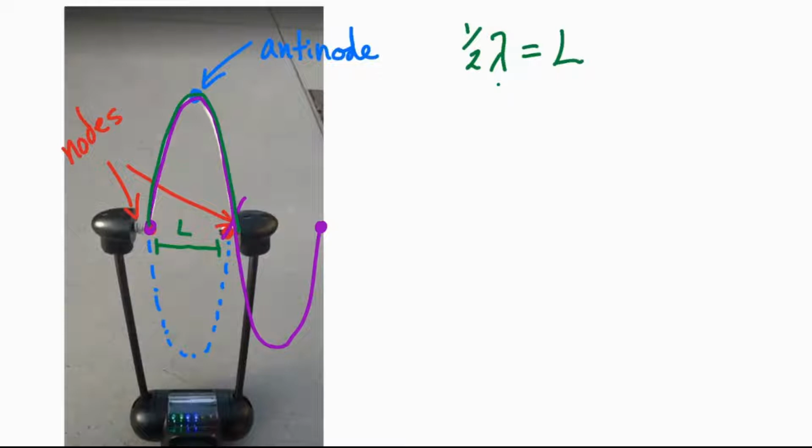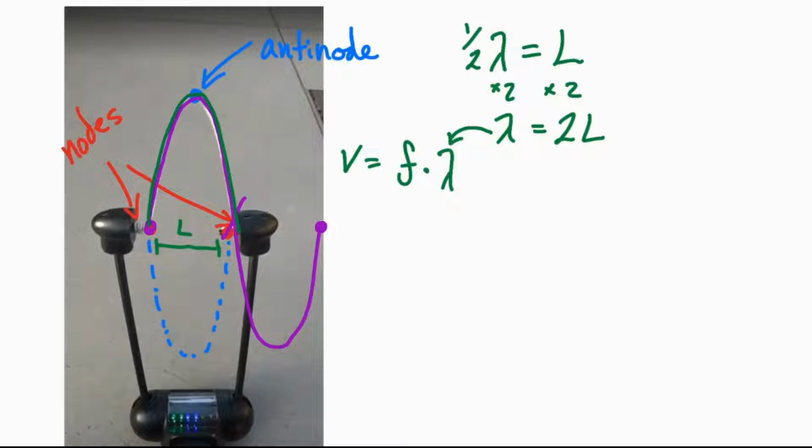So if I wanted to find my fundamental frequency, I need to figure out what that is. Well, I know that velocity is equal to frequency times wavelength, but I don't know my wavelength. Instead, I know this relationship that 1/2 of the wavelength is equal to that distance L. So if I multiply both sides by 2, I will get that my wavelength is equal to 2L. And then I can plug that into velocity equals frequency times wavelength.